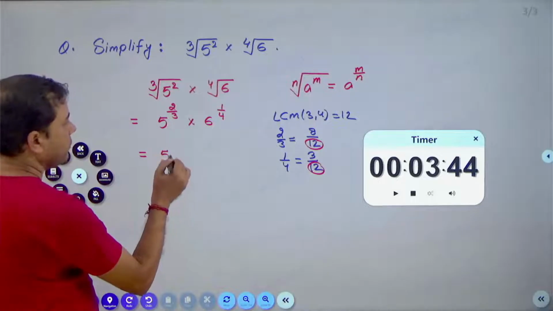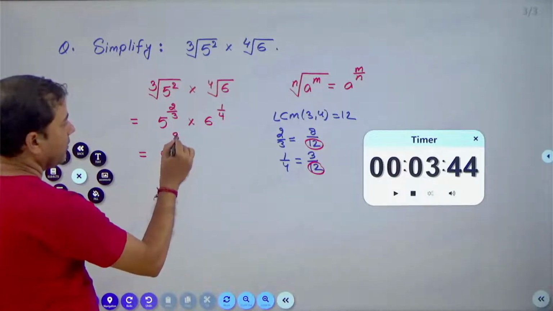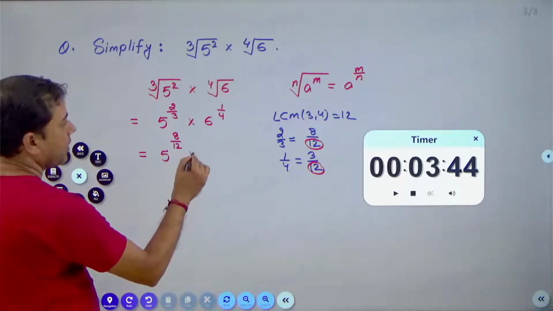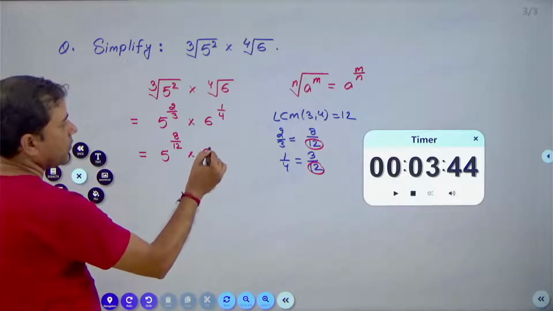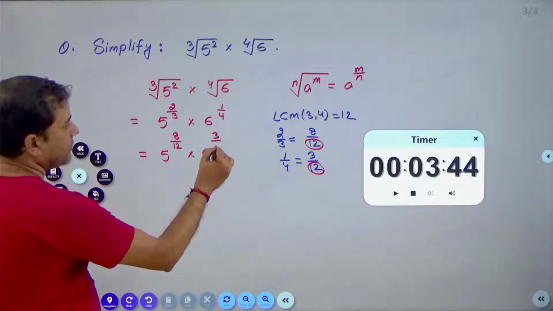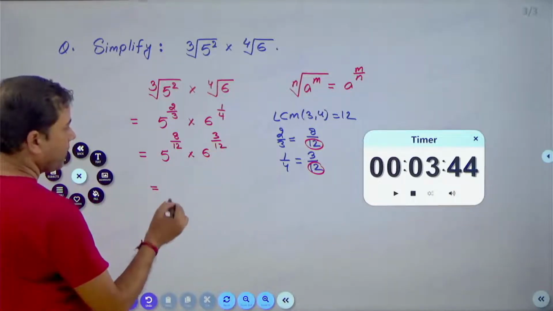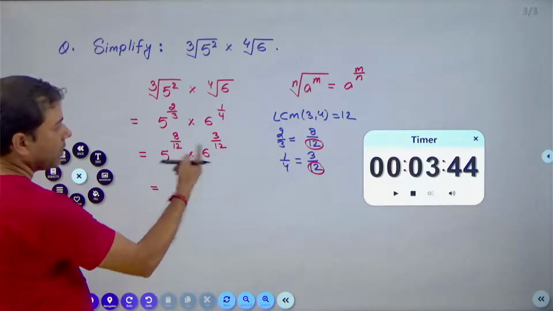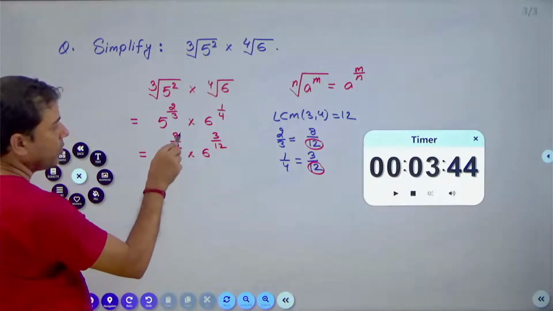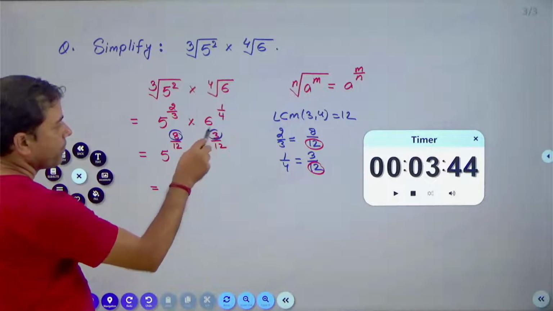First one becomes 5 raised to the power 8 by 12. The second one becomes 6 raised to the power 3 by 12. Now, to make the powers the same, we will remove their denominators.